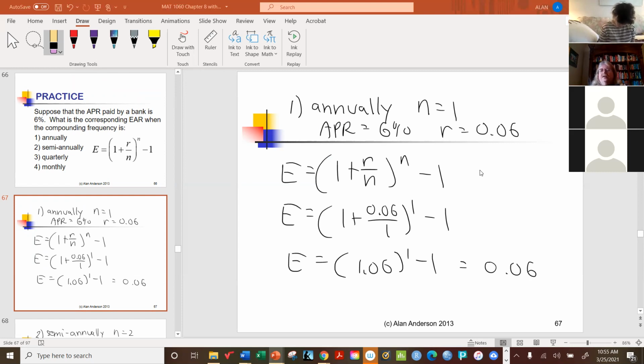All right, so take a minute and try the case where n equals 2. All right, does anyone have a number?